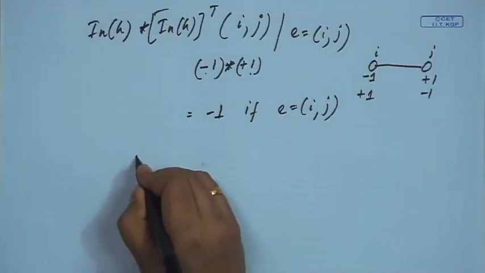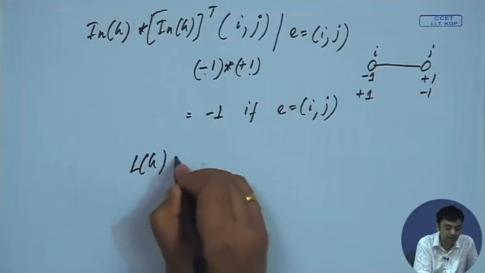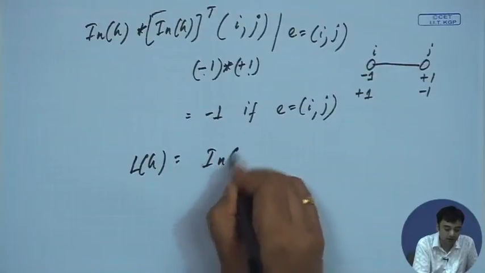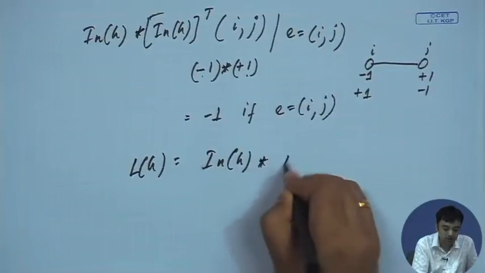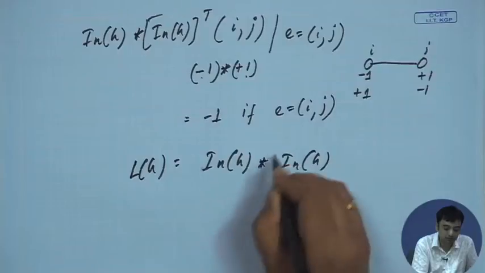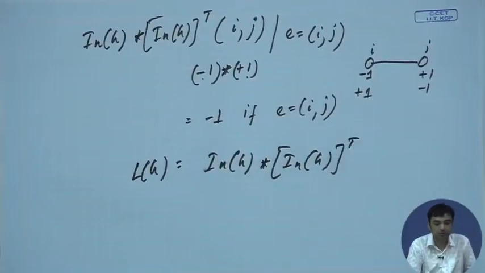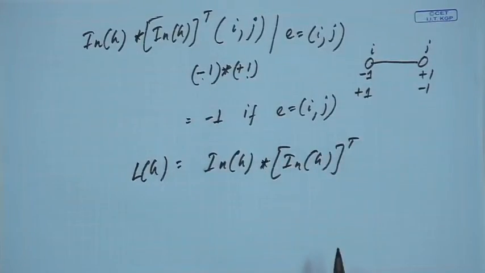That is why we have proved property 3, which says that Lg is equal to Ing into Ing transpose. This is how we can easily prove that there is an interesting relationship between the incidence matrix and the Laplacian matrix. Next, we will have to look into the proof of property 4.